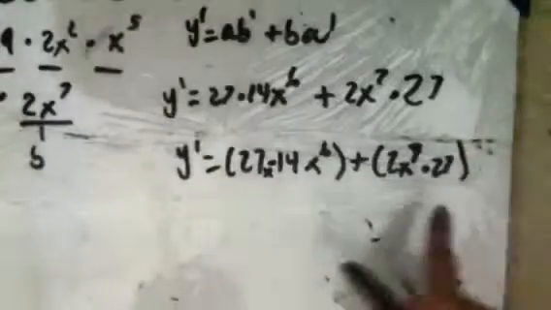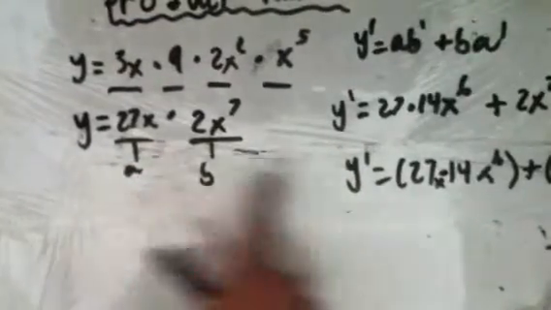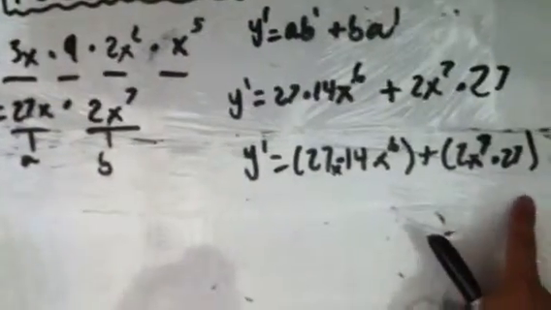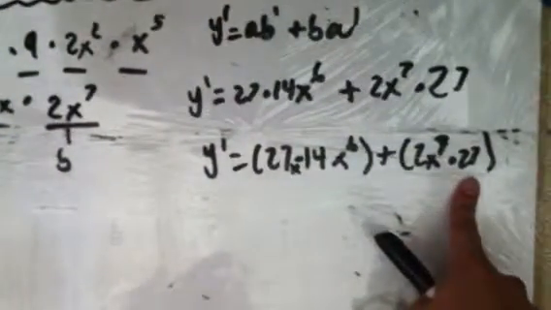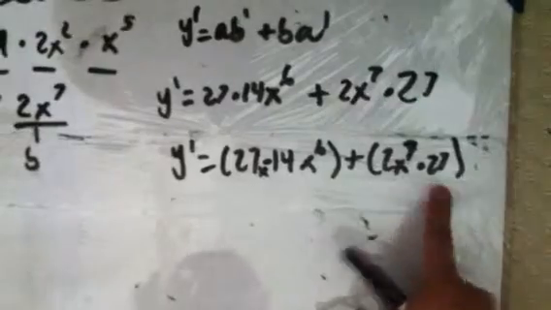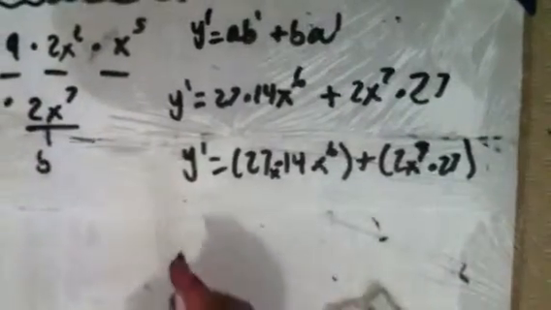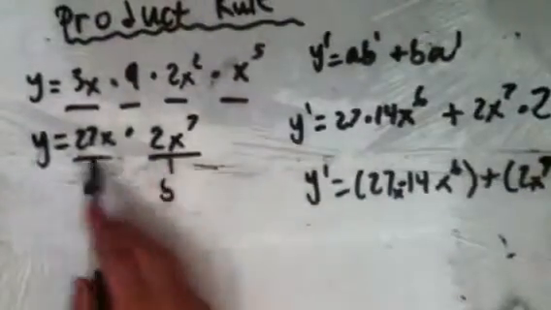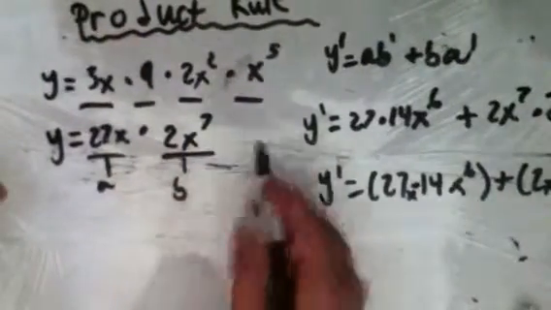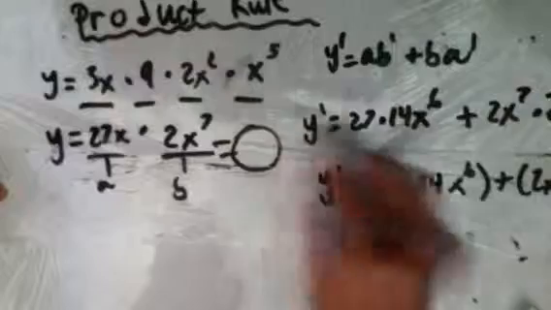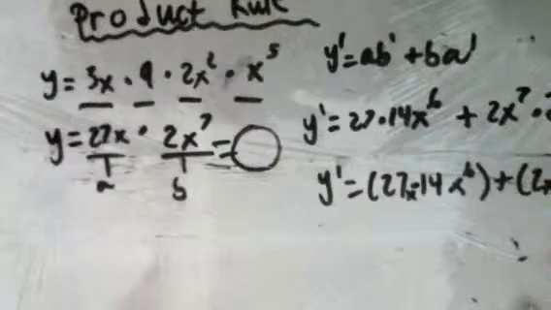Sorry, you can't really see it. Times the derivative of a. The derivative of a is 27. And if I was to multiply everything out and get just one answer, it would be the same as multiplying these two together and then taking the derivative of this. It would just be a shorter way. And that's basically the product rule.